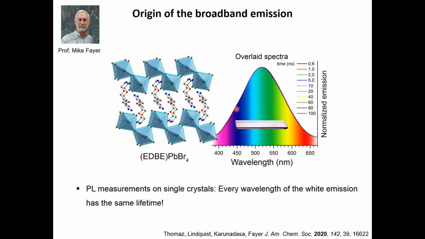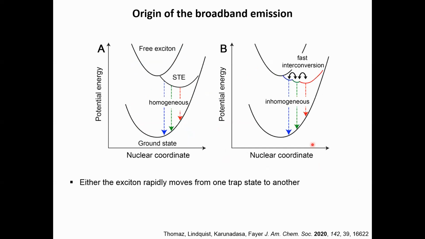You just cannot see the spectra because they overlay exactly. So this is a conclusion that we did not expect. This color has the same lifetime as this color, as this color, as this color. And let me explain why this was so surprising. In our original model, we said we have emission from this state, from this state, from this state.